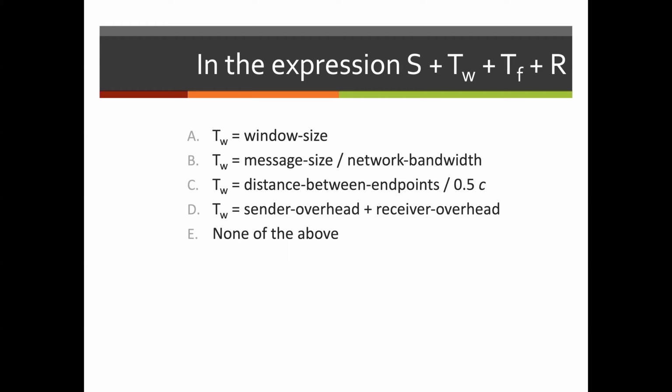Is it equal to message size over network bandwidth? Is it going to be distance between endpoints over 0.5C? Is it going to be sender overhead plus receiver overhead? And as we discussed earlier, this is going to be equal to our message size over our network bandwidth.